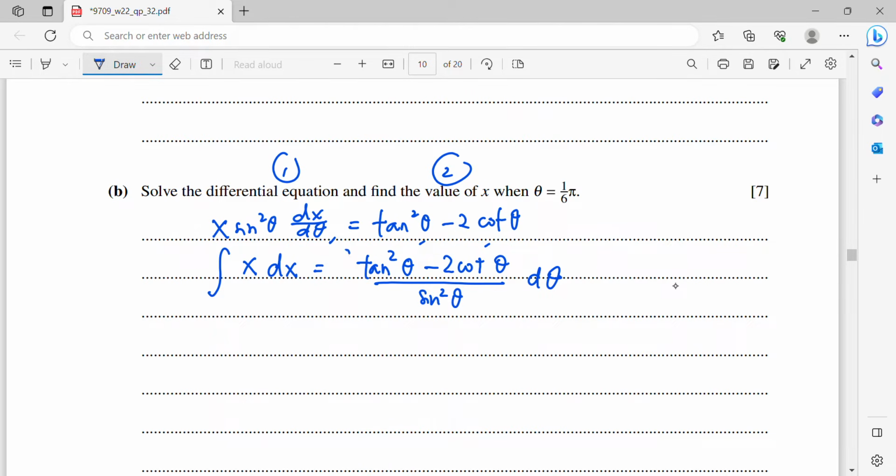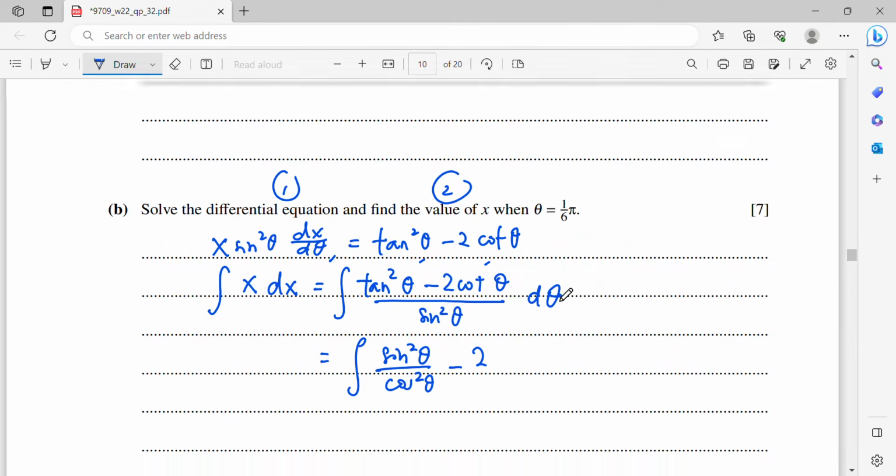Now followed by integration on both sides. For the left hand side, you can easily integrate it, but for the right hand side, we need to simplify first. I will integrate once I have simplified the right hand side. So now the tangent squared theta can be split into sine squared theta over cos squared theta, then minus 2 cot theta.